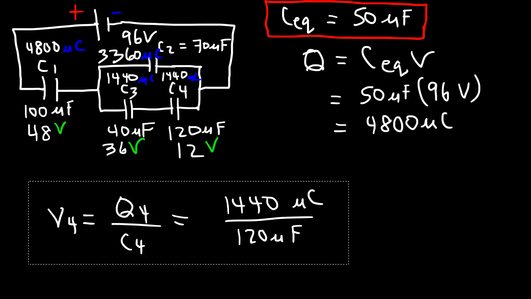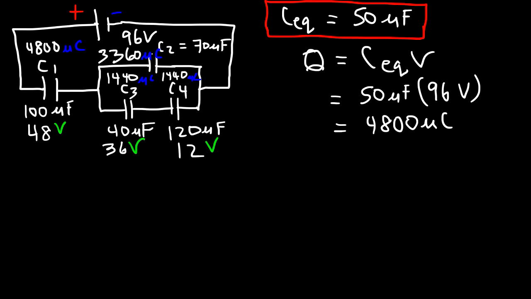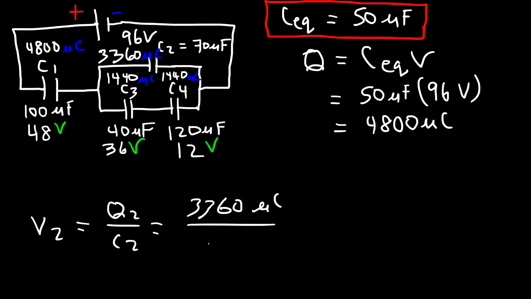So 36 plus 12 is 48. So we should get a voltage of 48 across C2. So V2 is Q2 divided by C2. And so that's 3360 divided by 70 microfarads. And so that gives us a voltage of 48 volts.